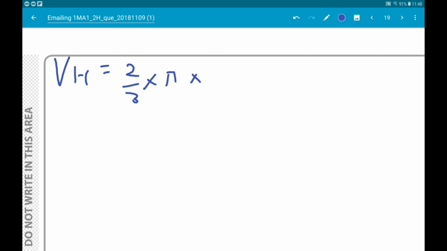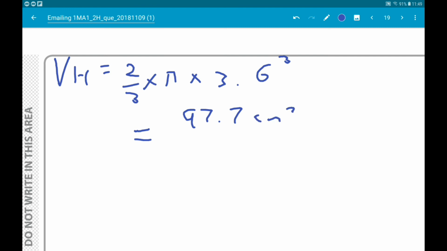So again, the radius is 3.6. Okay, so that gives us a volume of 97.7 centimeters cubed.